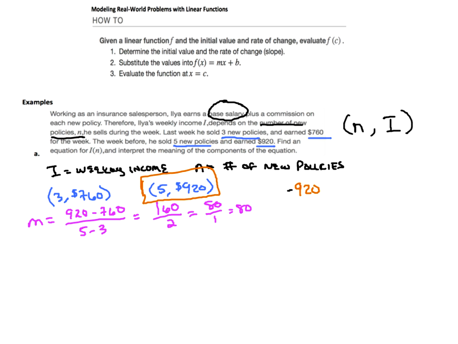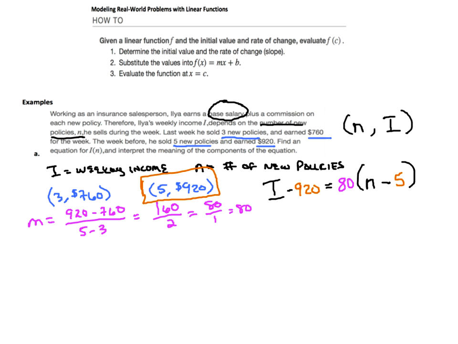So my y value is actually my I value in this problem. So that should be I minus 920 equals m, which in this case is 80, times N minus my N value, which is 5 in this case.